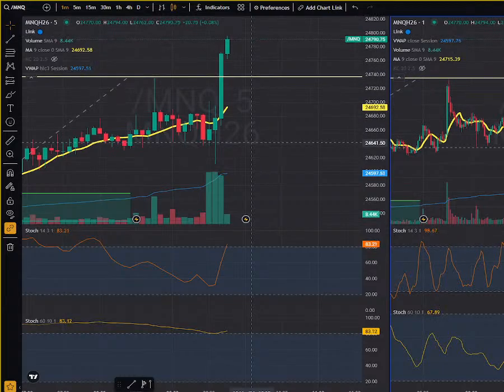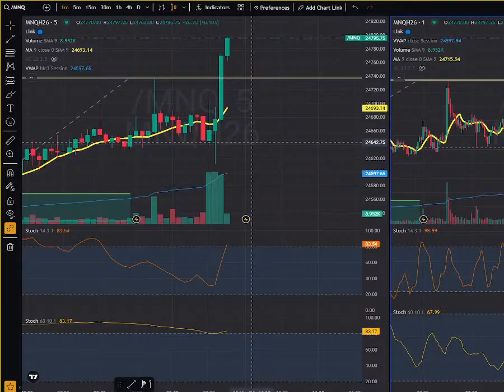Could this be a nasty reversal setup? No, I don't think so. Unless it's so sudden with news.